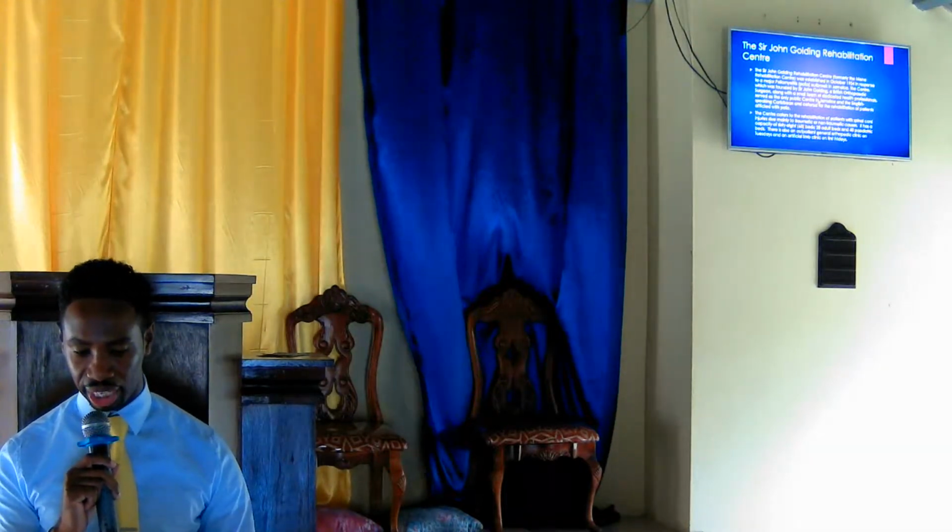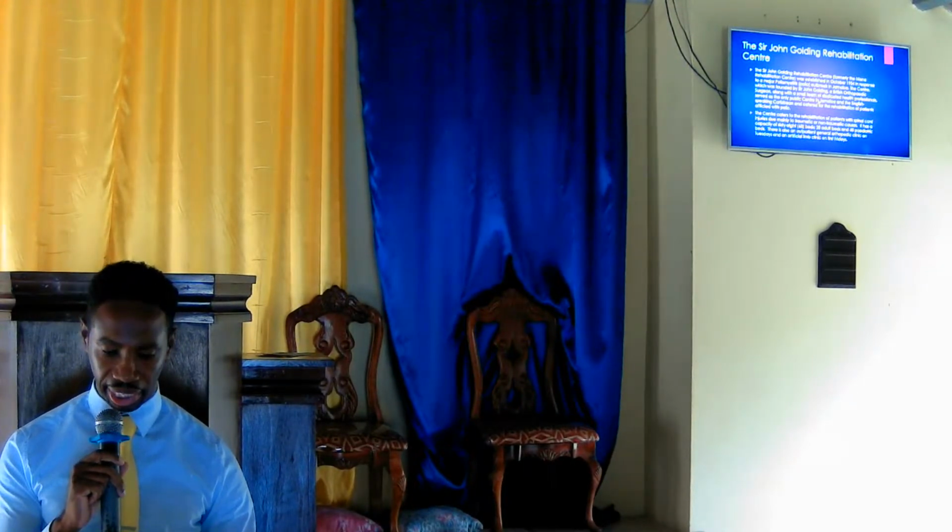Now, the Surgeon Golding Rehabilitation Center, formerly called Mona Rehab, was established in October 1954 in response to a major polio outbreak in Jamaica. The center, which was founded by Sir John Golding, a British orthopedic surgeon, along with a small team of dedicated health professionals, served as the only public center in Jamaica and the English-speaking Caribbean, and catered for the rehab of patients affected with polio.